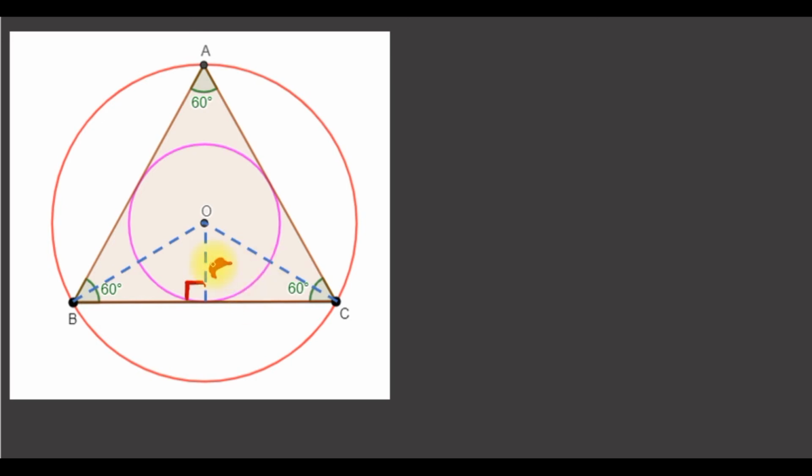And remember, from our basic geometry, if you want to inscribe a circle, you need to bisect two angles. The point of intersection is the center of the circle. So meaning that this is now 30 degrees each. This is also 30.